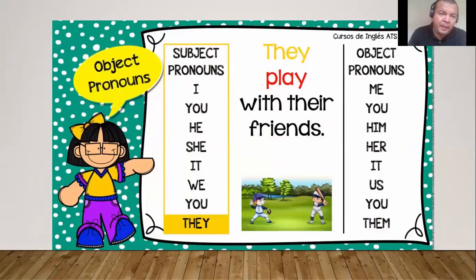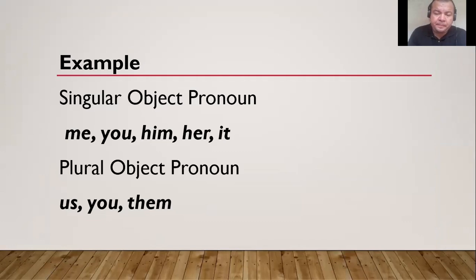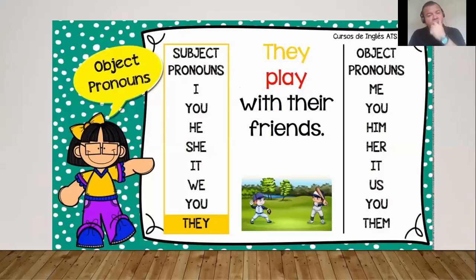Okay, pay attention, here are the examples of subject pronouns and object pronouns. Subject pronoun I, object pronoun me. Subject pronoun you, object pronoun you. Subject pronoun he, object pronoun him. Subject pronoun she, object pronoun her.